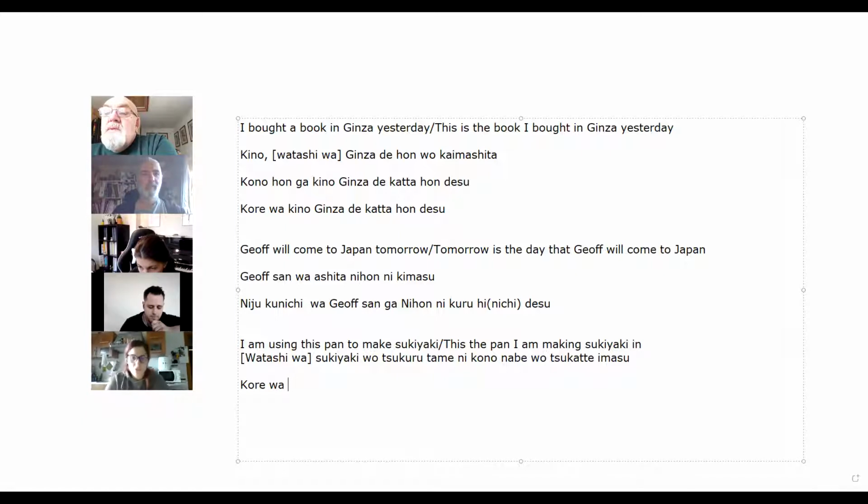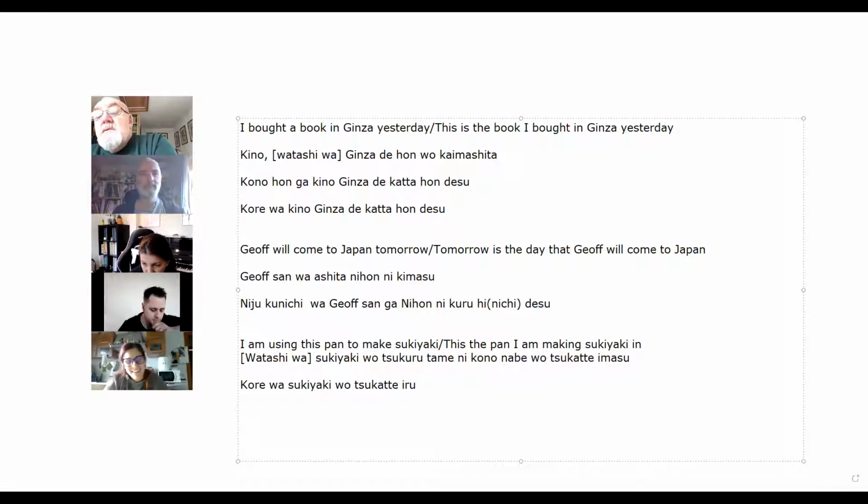Should I put first the sukiyaki? Actually, this sentence is more simple than the original one here. Sukiyaki o nabe naka. Or you shouldn't put them in. Just think of sukiyaki o tsukateiru desu.